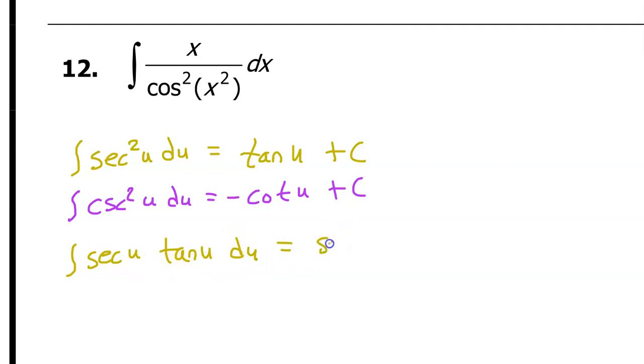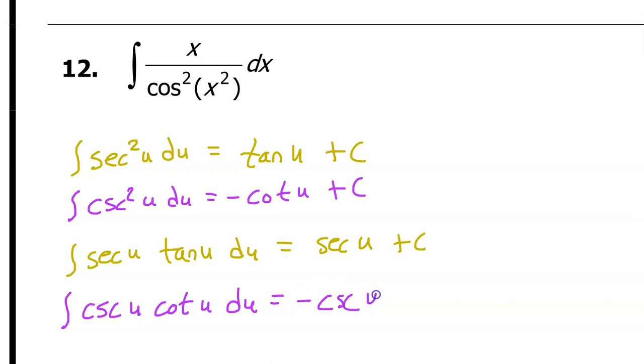This is going to be secant u plus c, because the derivative of secant is secant tangent. And right along with that, we know that the integral of cosecant u cotangent u du will equal negative cosecant u plus c. These are the only 4 trig integrals that we know, other than the integrals of the individual 6 trig functions.